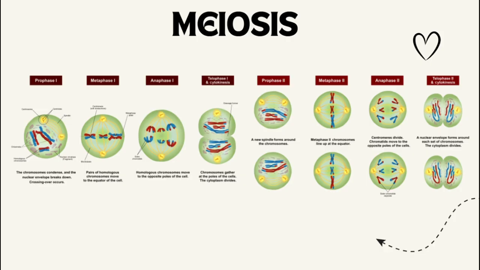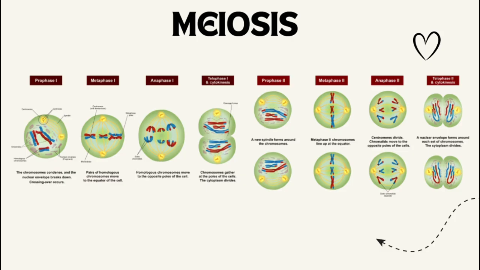We have 46 chromosomes in total, with 23 from each parent. 23 and 23 make 46. So we have these homologous chromosomes, they become condensed, the nuclear envelope breaks down, and crossing over takes place. That's one way of getting genetic variation.